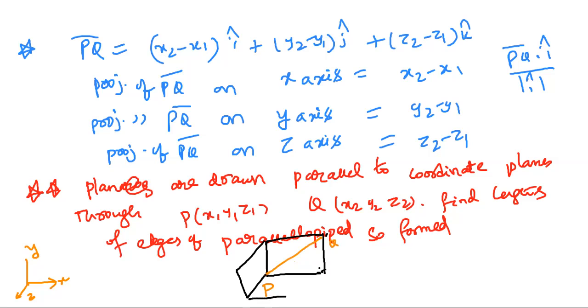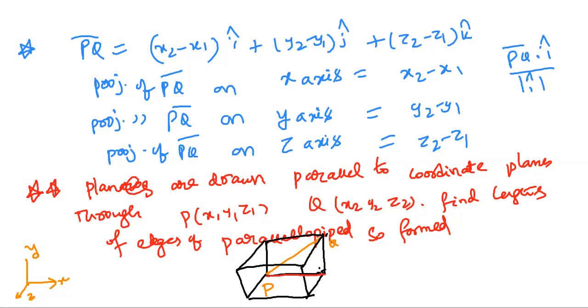Now you see all are passing through this, and there is one more corner. So through this point we have done 1, 2, 3 planes. Through this point 1, 2, 3 planes. Perfect. So now you want to see what are the edges of this particular parallelopiped.